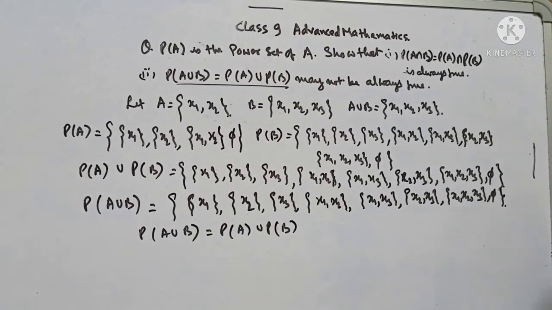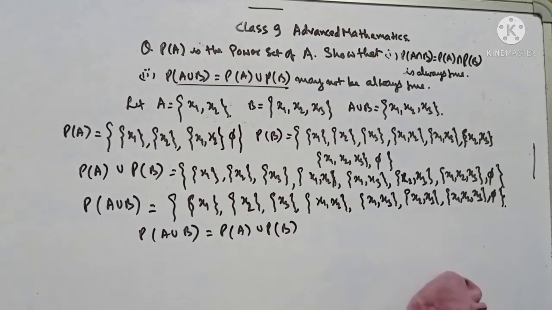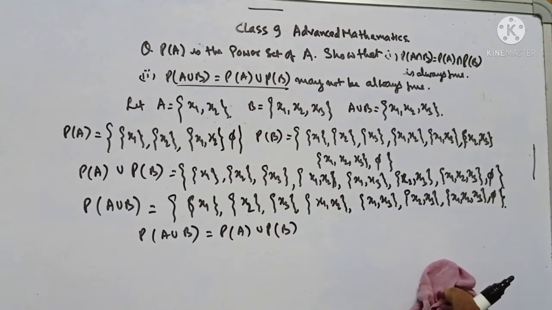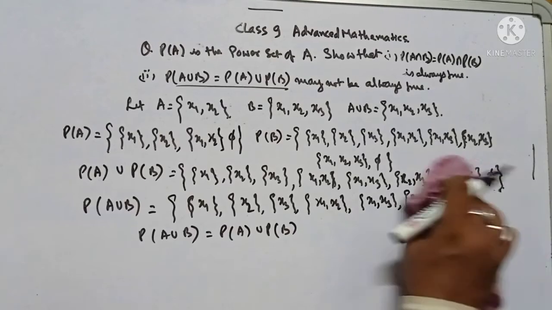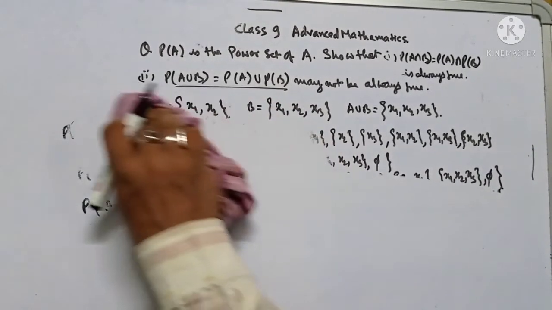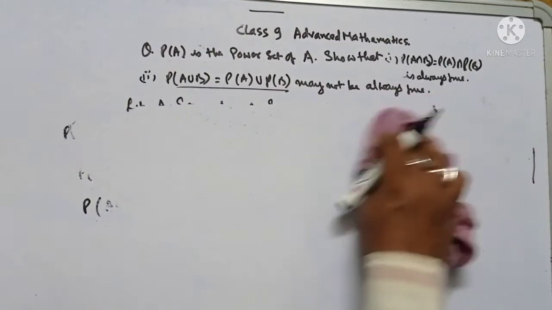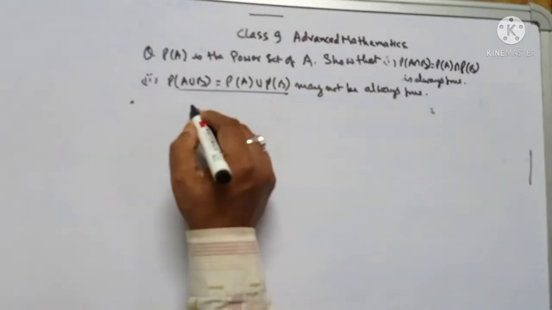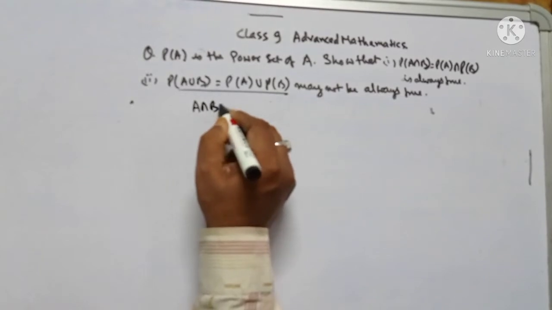Now here you see these are equal. Now if we take two disjoint sets, that is A ∩ B is your phi.